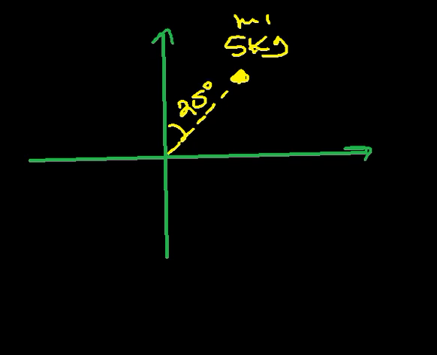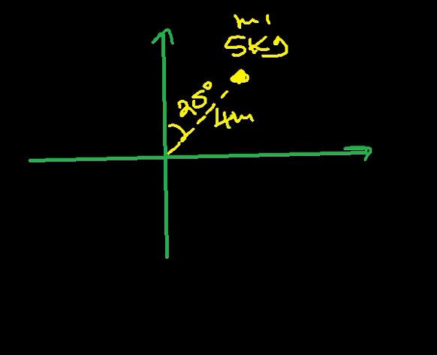Now let's say we have this typical system, where this is the object of mass 5 grams. Let's say this is M1, and it is at an angle of 25 degrees, at 4 meters.